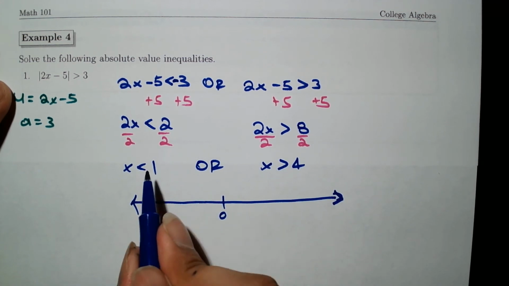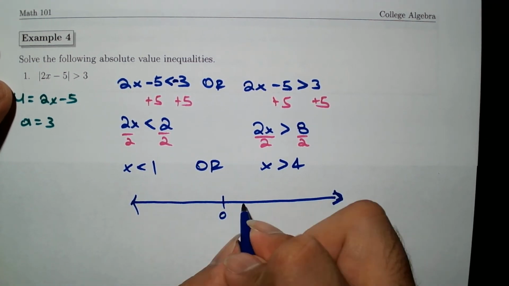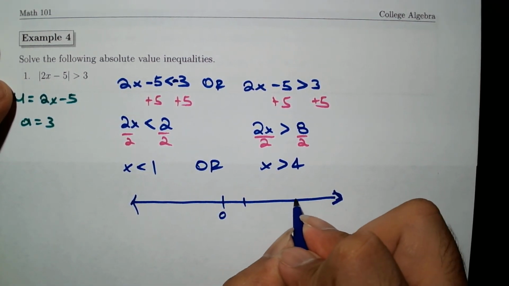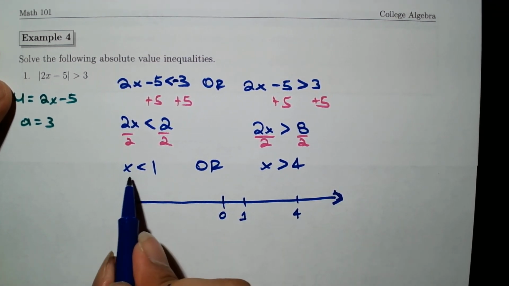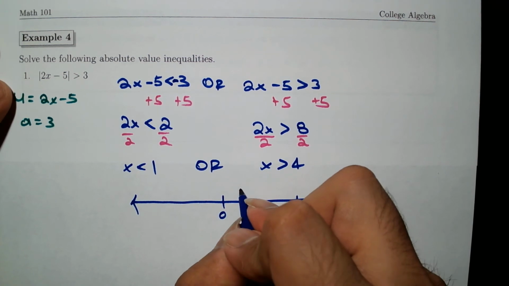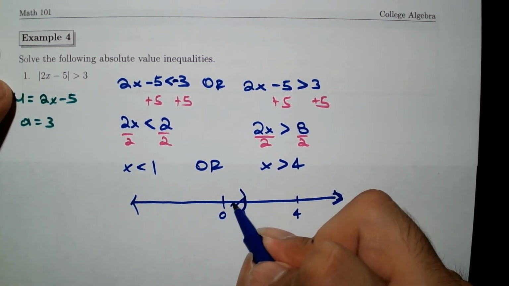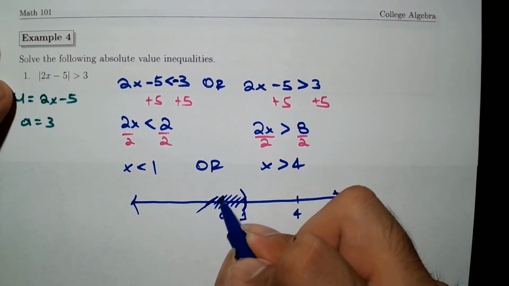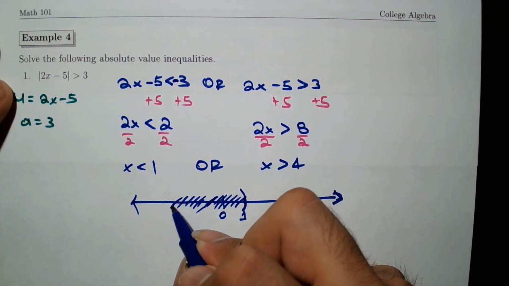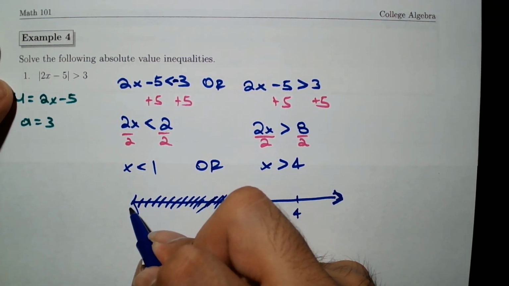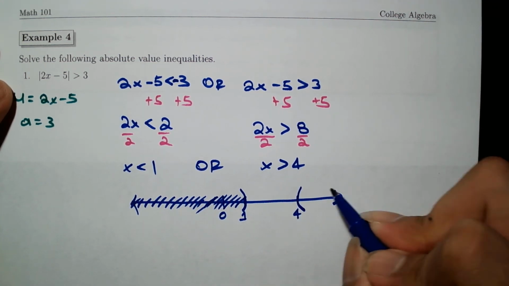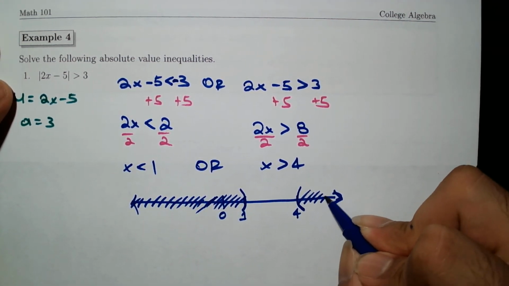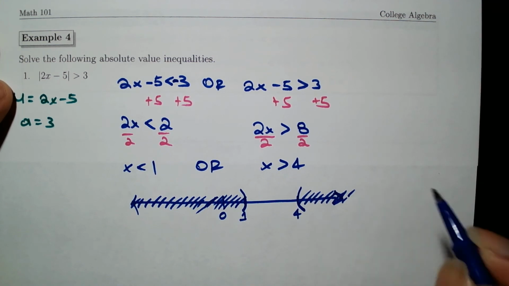Okay, so we are going to locate the number 1 and we're going to locate the number 4. So all the numbers less than 1, all the numbers below 1, and x greater than 4, all the numbers to the right of 4.